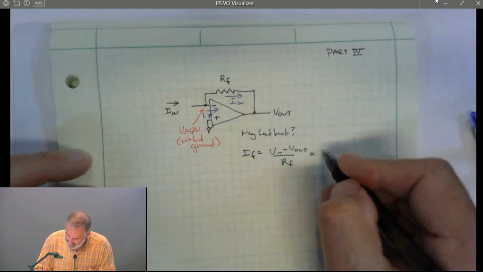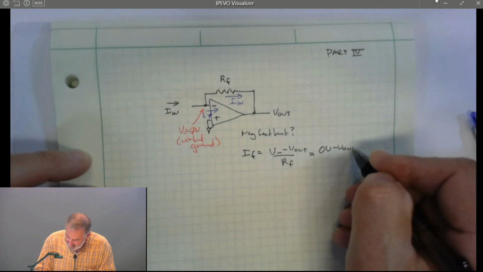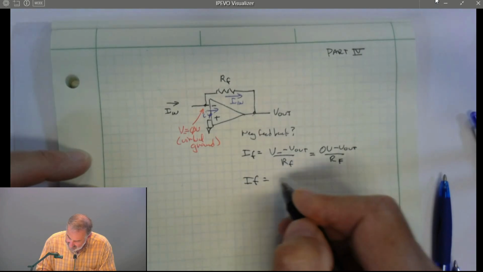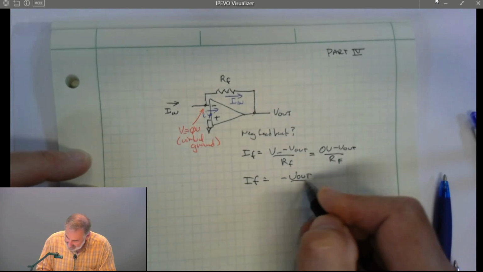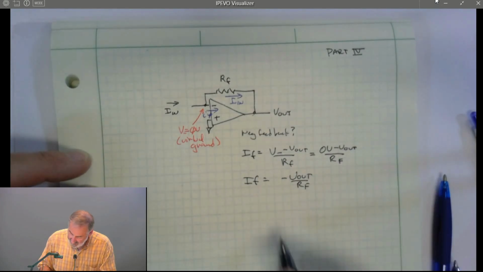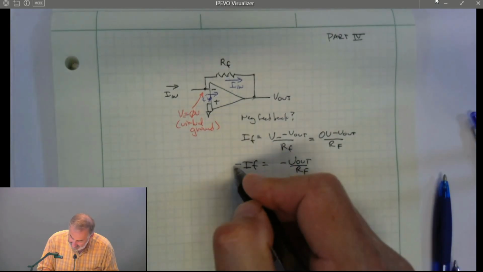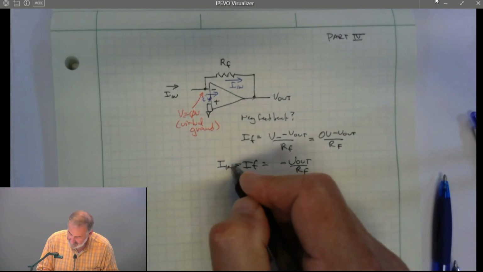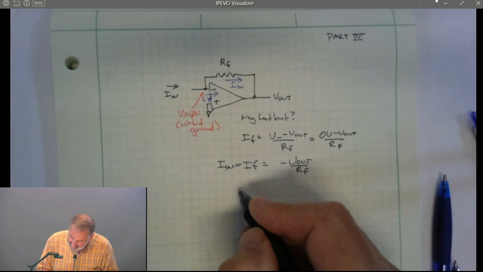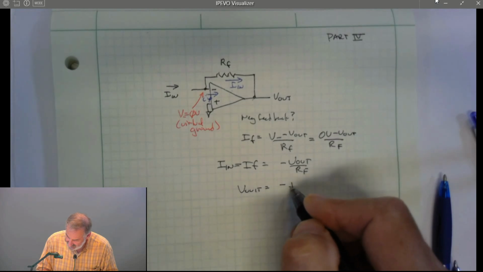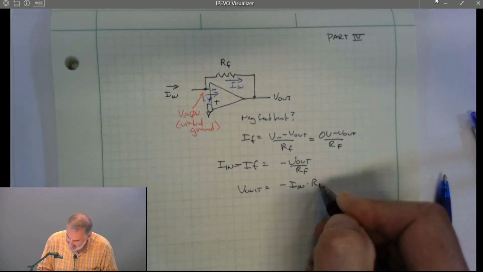V minus is 0 volts, so IF is equal to minus V out over RF. But we also know that the current that flows through the feedback resistor is also equal to I in. And that means that V out is equal to minus I in times RF.